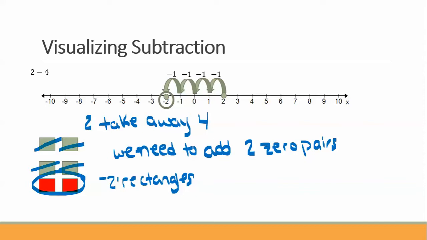So really looking at this also, when we do get into our procedures, this is 4 minus 2, but because the 4 we're actually taking is our negative number, and it's the bigger one, it's negative 2.